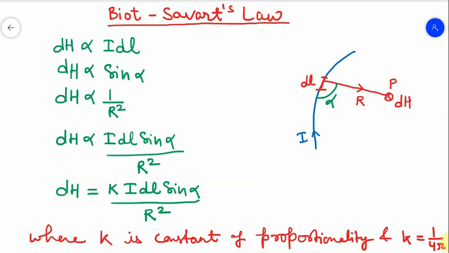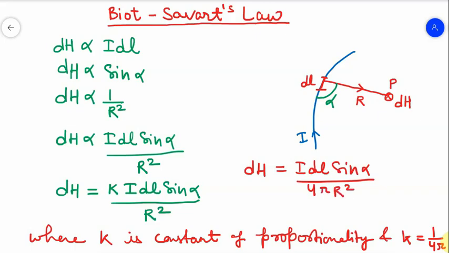So now this dH will be I dl sine alpha upon 4 pi r square.